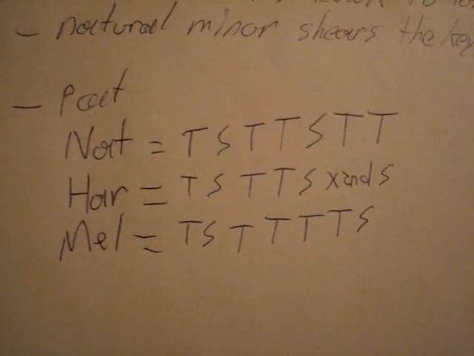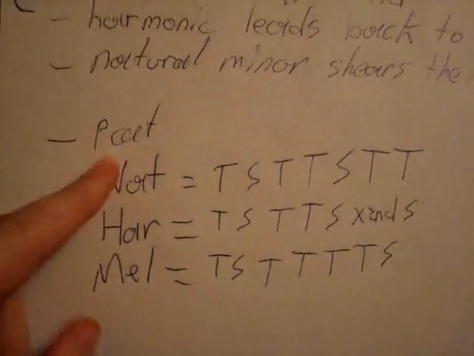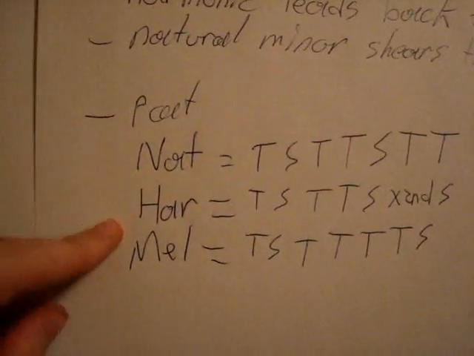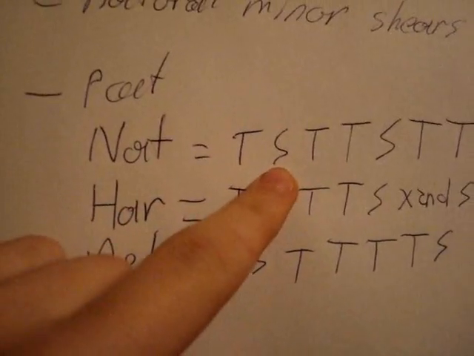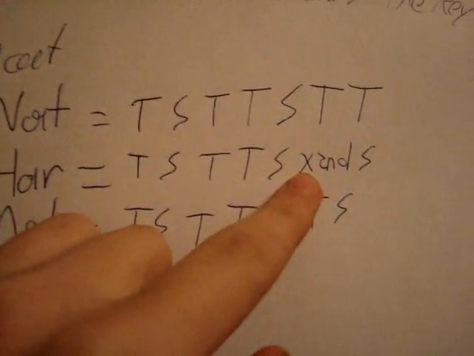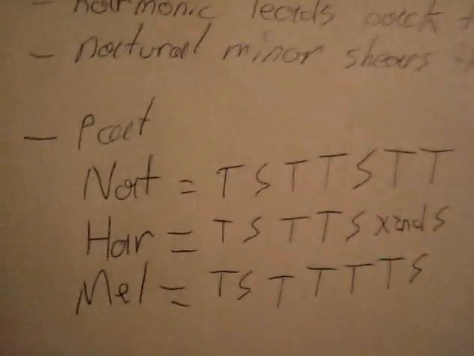Okay, so here is my little thing. See how I have everything abbreviated just so that I know what it is? So that's pattern, nat for natural, har for harmonic, mel for melodic. Now T is for a tone, S is for a semitone, and this X second is for augmented second.